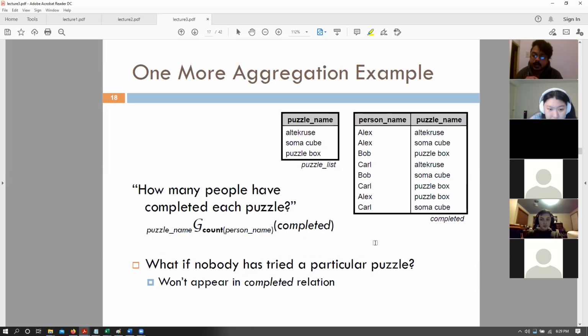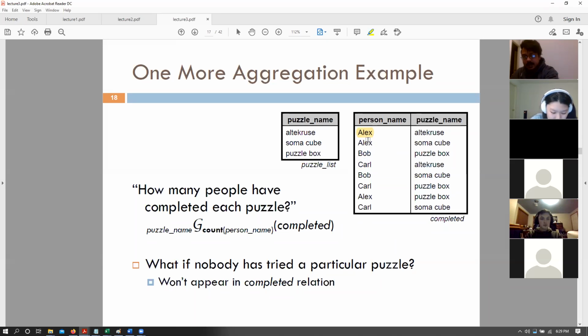Earlier, we were counting how many puzzles a person has completed, which is why we were grouping by person name. Here we want to know how many people have completed one puzzle. So Altecruise has been completed by Alex, Carl, and that's it. So Altecruise has been completed by 2 people, right? That is the question we are asking.